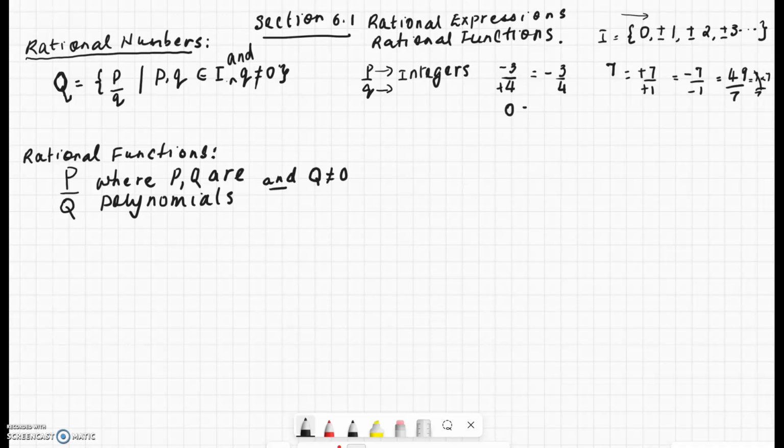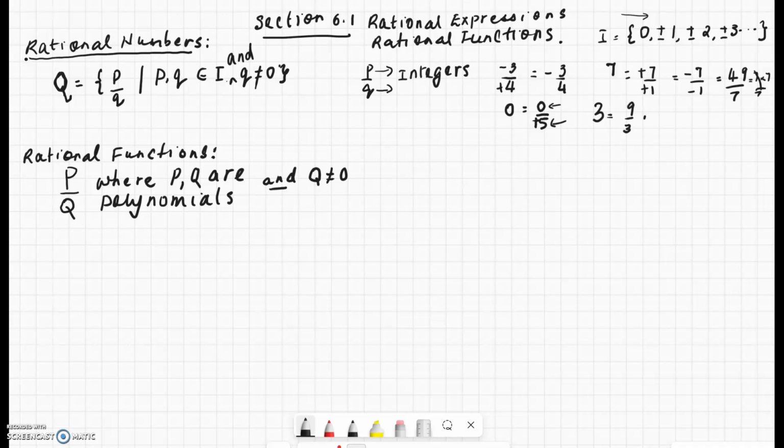Now, what about 0? 0 can be written as 0 over positive 5. For example, it can be written in so many different ways. So P over Q, P is an integer, Q is an integer, therefore it's a rational number. Now, what about any whole number? 3. 3 can be written as, let's say, 9 over 3.